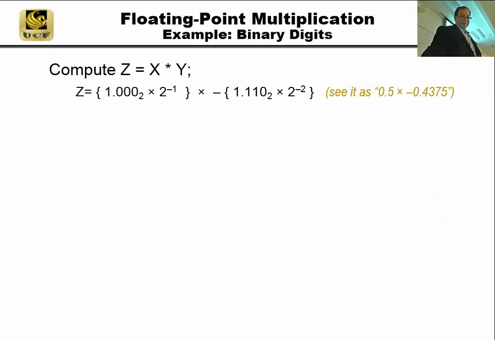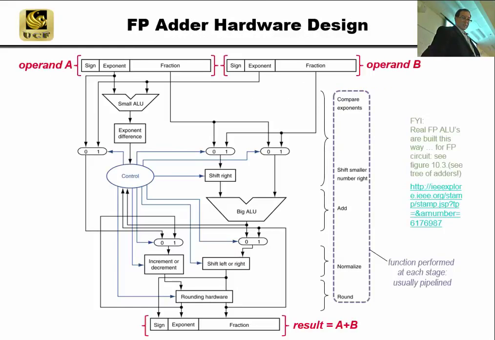Ready for multiply? Neil. I noticed that the hardware did not take the sign into account. So if we do take the sign bit into account, how much more complicated would it be? All right, so sign. Why is the sign coming from here? That's a good question.